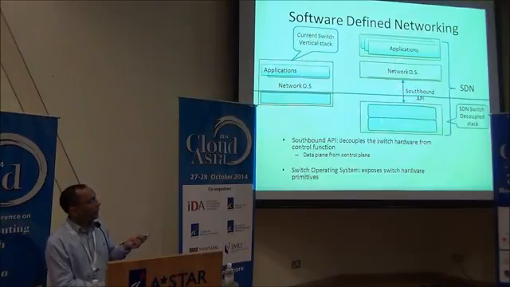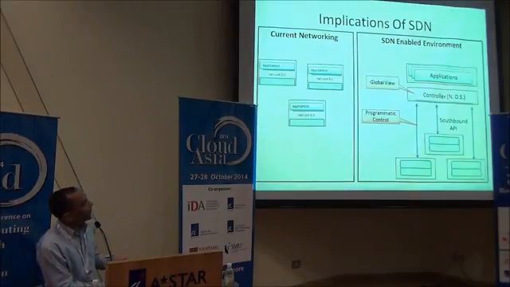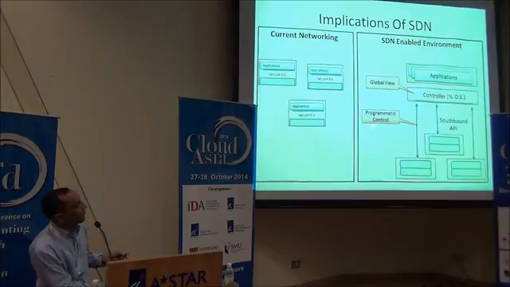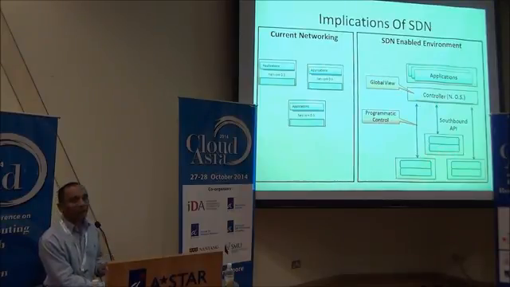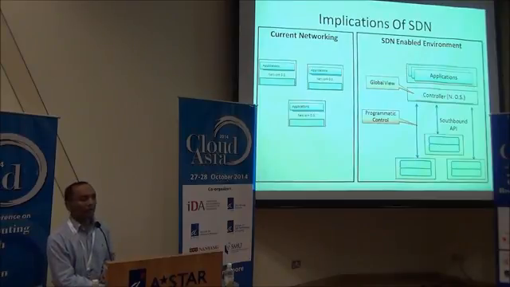But here, this API is exposed for third-party vendors, so you can build your nice stuff here. Because of that, it has become programmatic control, so you can now treat each of these switches, each of this fabric, as a kind of software entity.